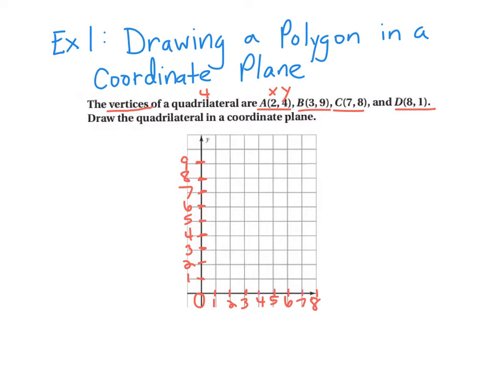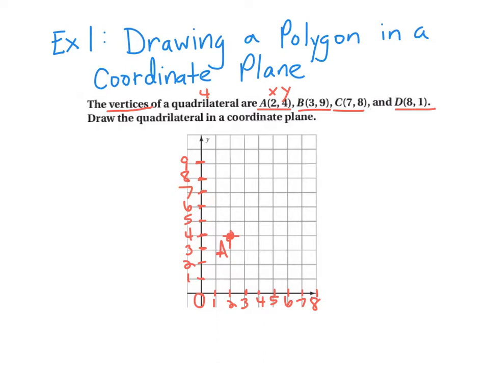So when we're looking at 2 and 4, that means we're going to go over 2 to right here and up 4, 1, 2, 3, 4, and that means we're looking for that particular coordinate right there. So we're going to put a dot in the corner of that box between the 2 and the 4 lines, and then we're going to put a letter A next to that as its label, and then we're going to keep doing that.